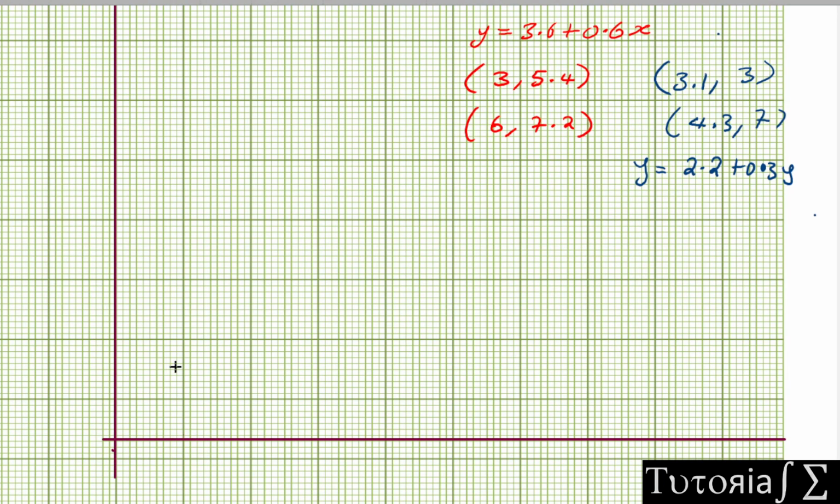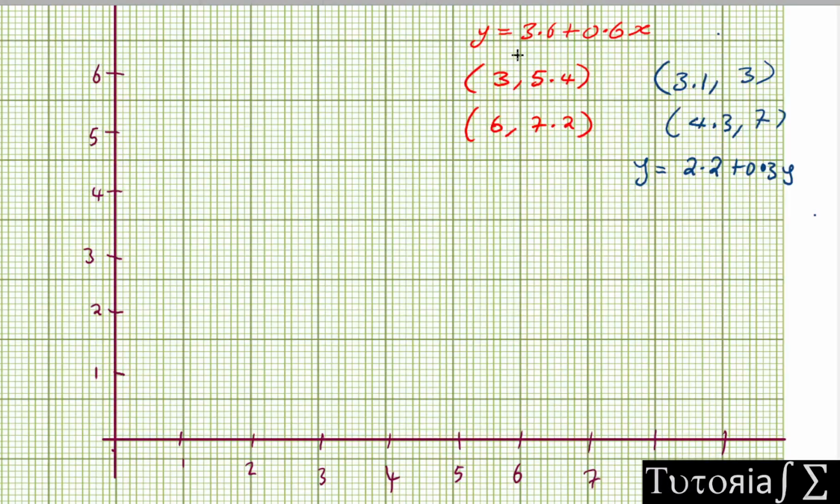Let's say that would be 1, 2, 3, 4, 5, 6, 7, 8, 9. Okay, same applies here, 0.5. Let me just move this a bit down. All right, so we have our scale there.